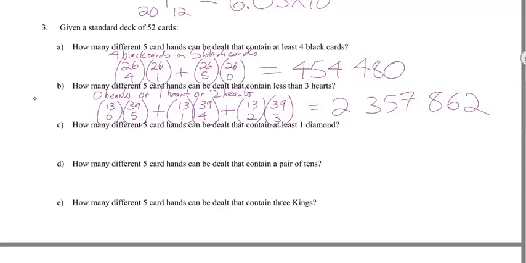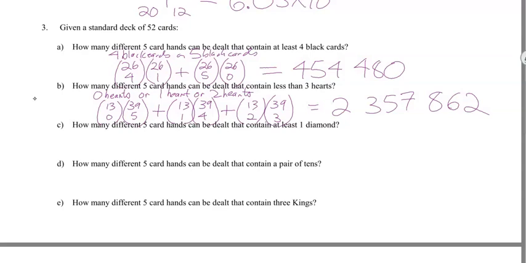If we do it the other way, we would have to say, well, there's 52 choose 5 ways of getting a 5-card hand from the deck. From that, we will subtract the ones that have 3 hearts, or 4 hearts, or 5 hearts. So it's actually going to lead us to doing 1 more calculation than if we do it this way. So it's sort of 6 of one, half a dozen of the other.